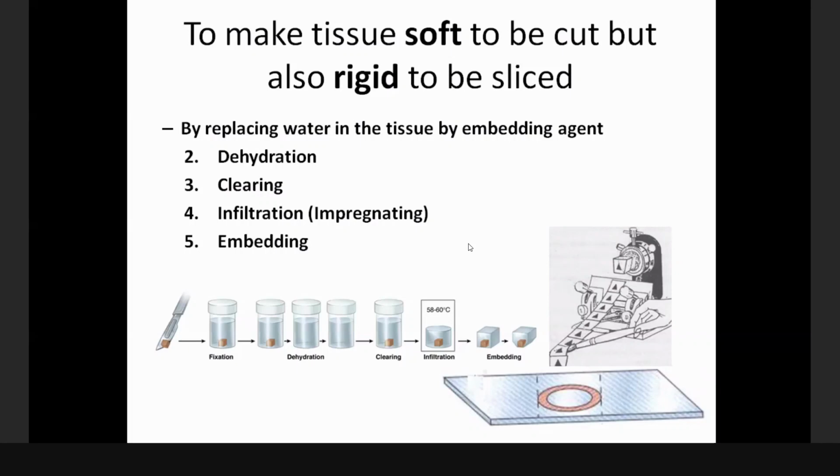The tissue outline could be damaged. We are playing gently. So in a process known as dehydration, you pass your tissue through a series of increasing concentrations of alcohol. So that's what dehydration is.